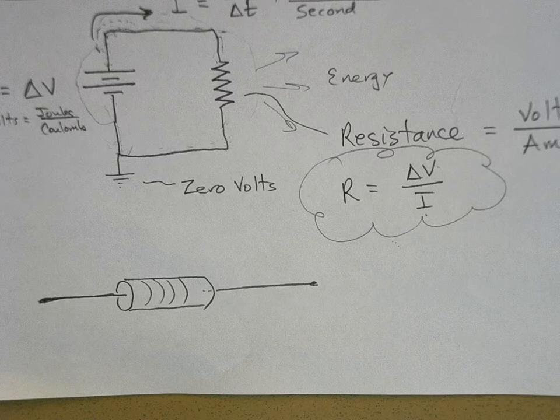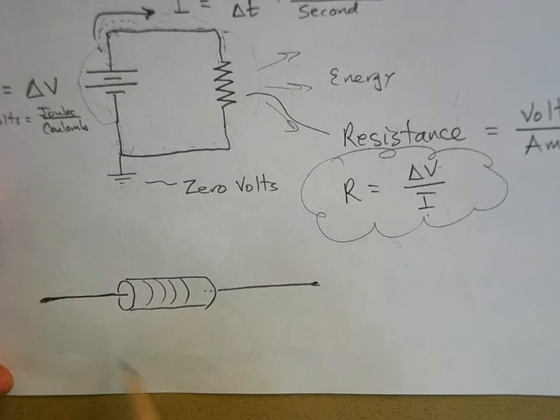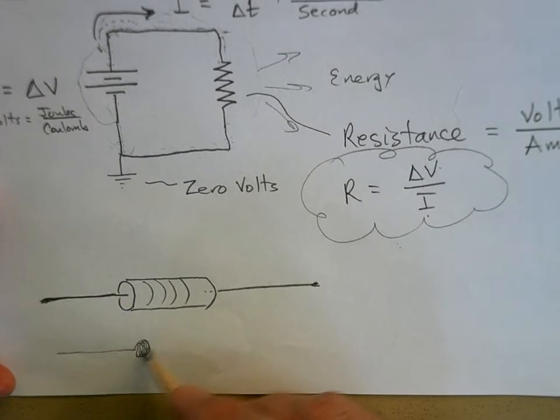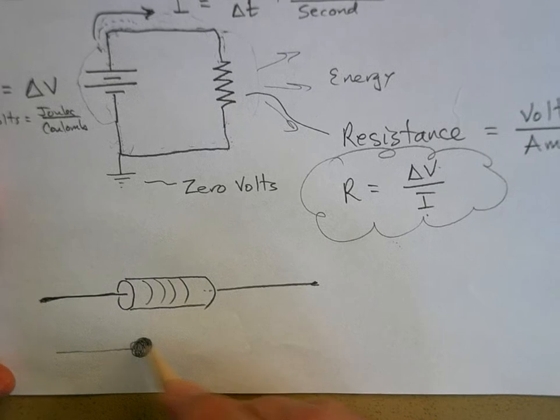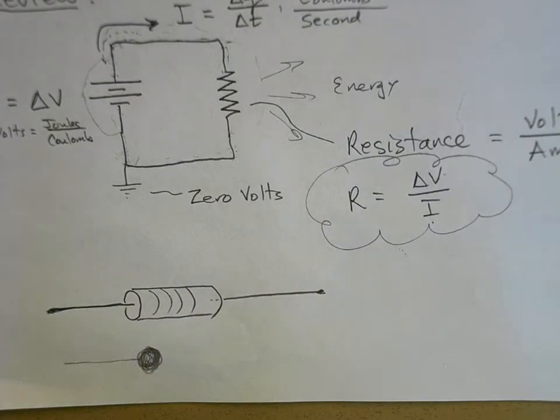Now, resistors are made out of lots of different kinds of materials. Some of them are actually made out of wires. Like you might find a resistor where they take a wire of some kind and wrap it around like a winding of wire, so that in a very tiny compact device, you've got a super long wire.